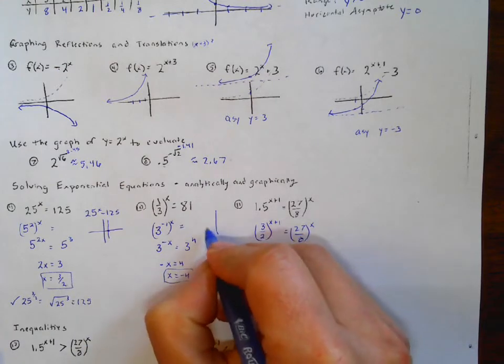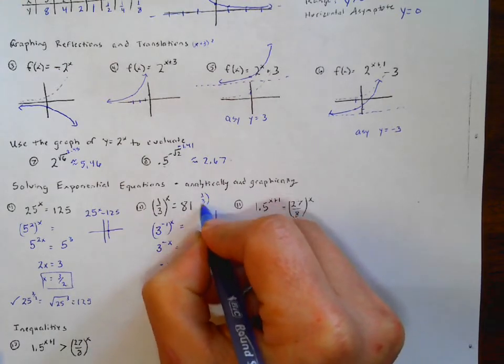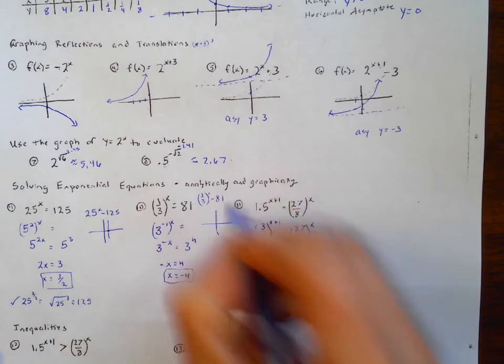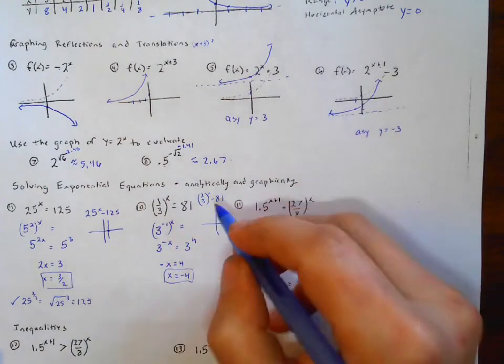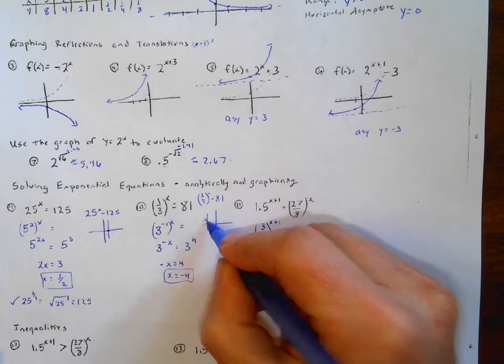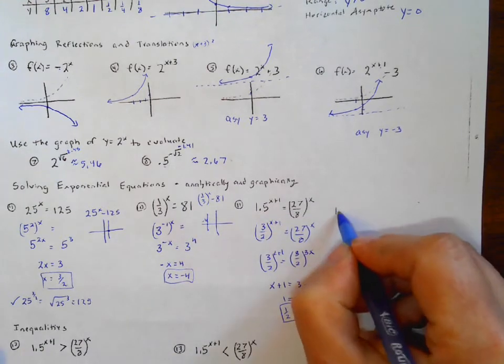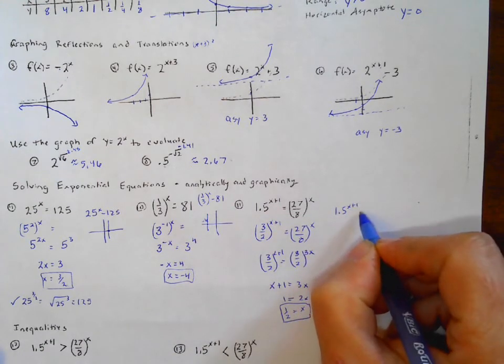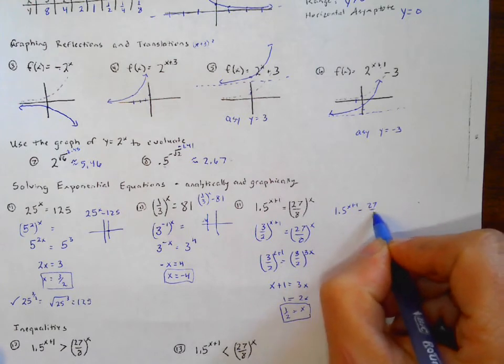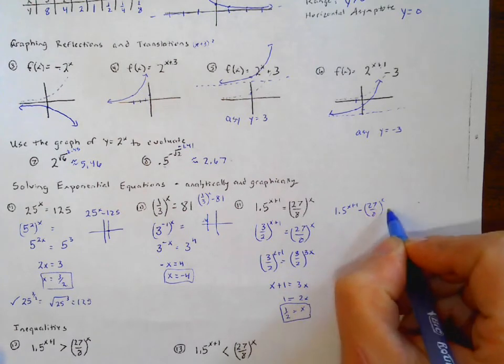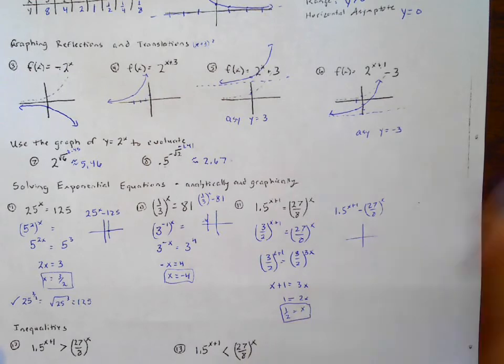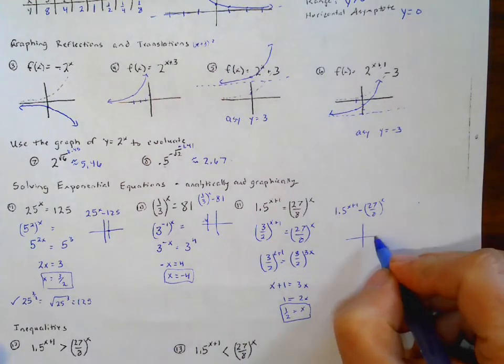If I take 1/3 to the x minus 81 and graph this, I'll get a line here at negative 4. And if I take 1.5 to the x plus 1 minus 27 over 8 to the x, and graph this, it goes through at 1/2.